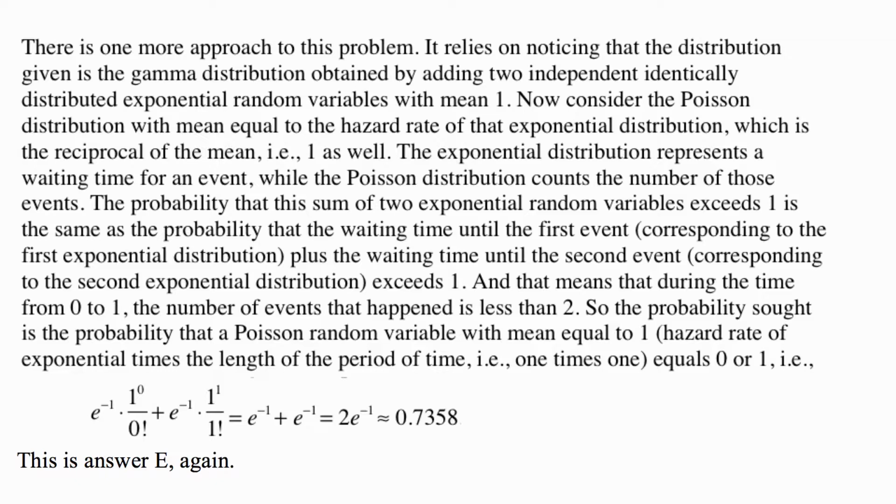And how do we discuss the exponential distribution in the manual I wrote? Well, exponential distribution is waiting time until something happens. And it relates to Poisson distribution, because Poisson distribution is the probability distribution that counts how many of those things happen in a unit of time.